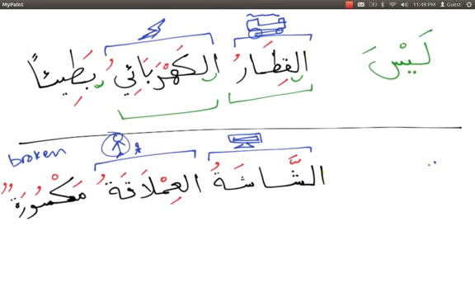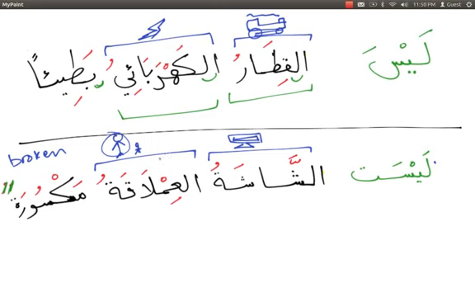So for شاشة, since it ends with تاء مربوطة, it's feminine, so I'll go with the word ليست. ليست الشاشة العملاقة مكسورة. Now we're saying that the huge screen is not broken.